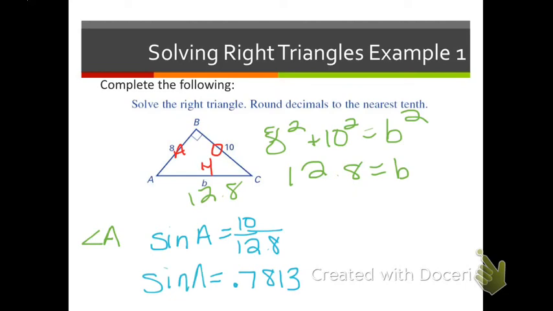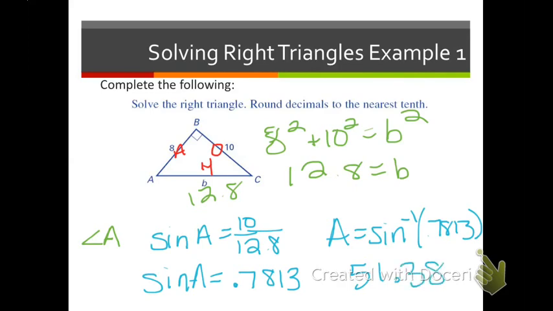And then I'm going to take the inverse sine of both sides, so that angle A is equal to the inverse sine of 0.7813. And we get 51.38. We can round the final one to a tenth, so let's do 51.4 here.